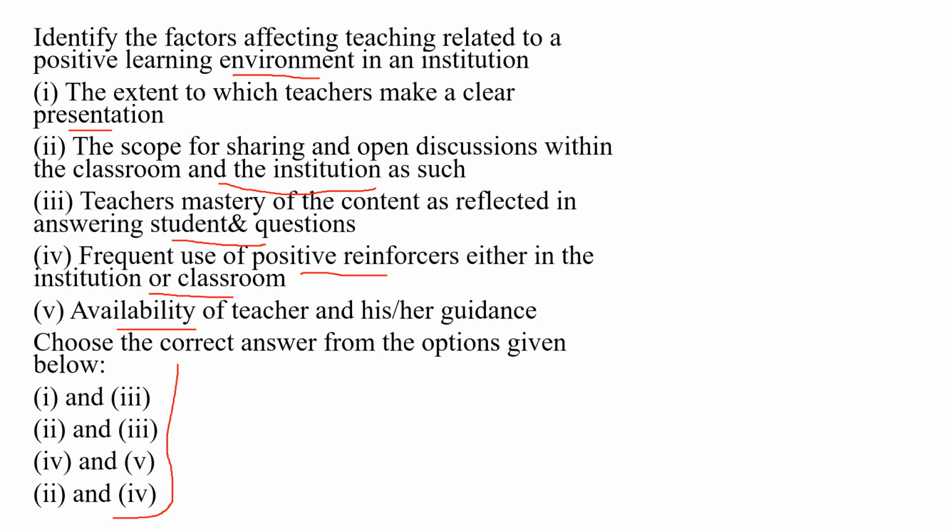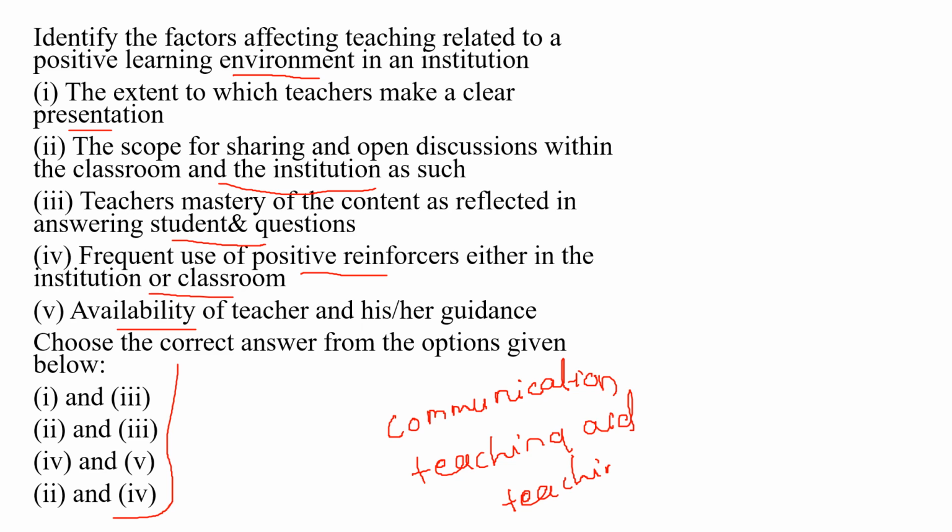Because the teacher does not have the interest. So the teacher should have skills like communication. The communication skill should be there. Then the teacher who is teaching should use teaching aids, should choose the appropriate teaching method, and should have a passion for teaching.